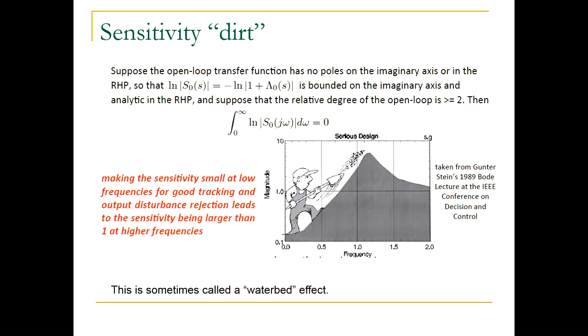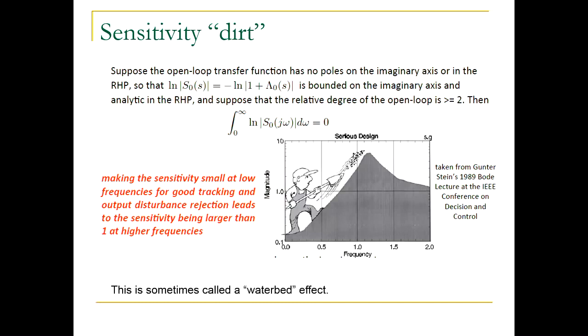Well, low sensitivity gain at low frequencies means that complementary sensitivity gain is close to 1, which means that you get good reference tracking. But low sensitivity gain at low frequencies also means that you will be rejecting well the output disturbances at those low frequencies. So it does two things at the same time. It helps you with reference tracking, you get small steady-state errors, and it really attenuates the output disturbances at these low frequencies.